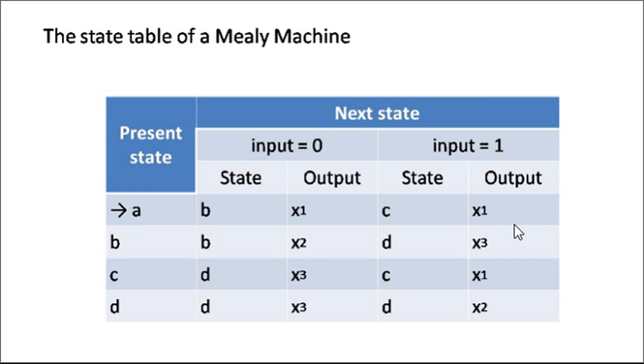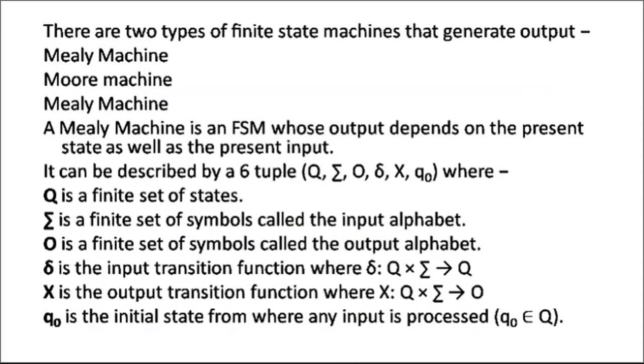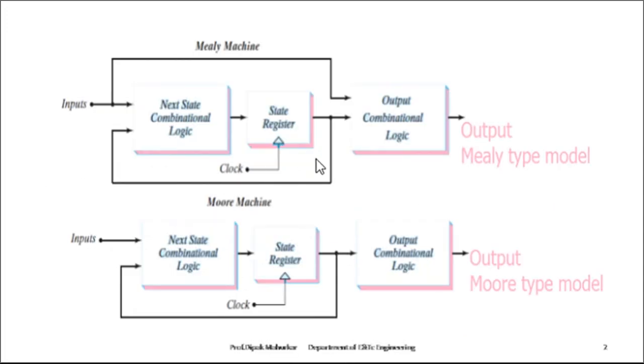Starting with the diagram of the Mealy machine, we have a combinational logic circuit, which we call C1, the next state decoder.